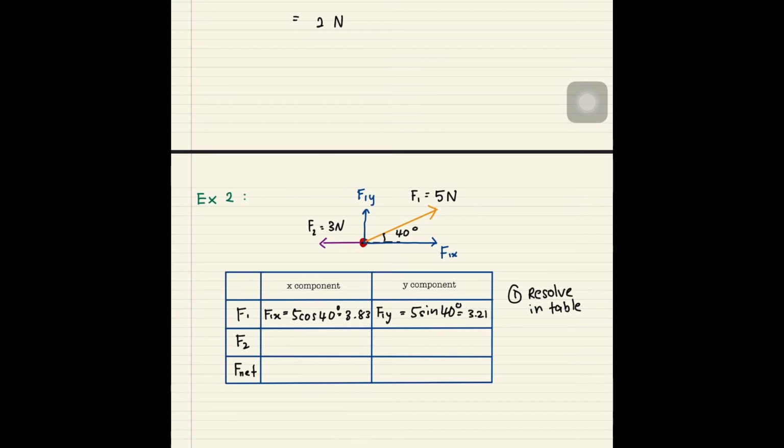Before you go to the next step, always double check the direction of this vector, whether it's positive or negative. In this case, F1x is pointing to the right. Any vector pointing to the right is positive, so this one will be positive. If it is pointing to the left, you have to put the negative sign there. F1y is pointing upwards, so this one is positive as well, so you guys are okay.